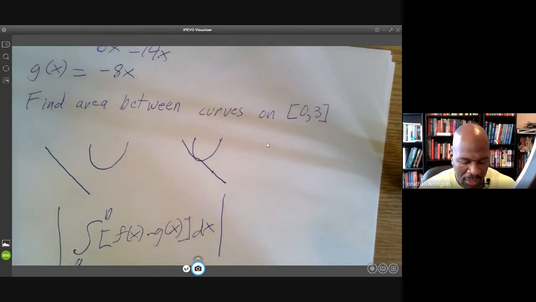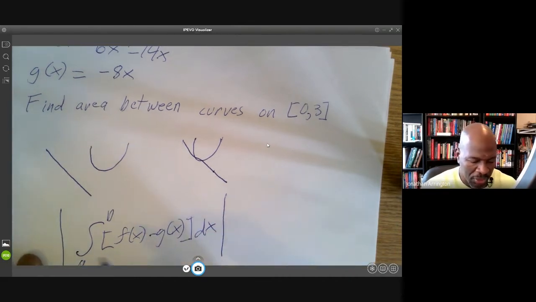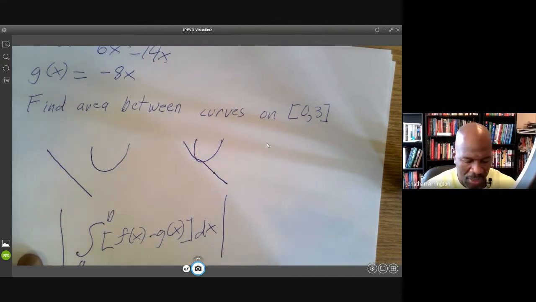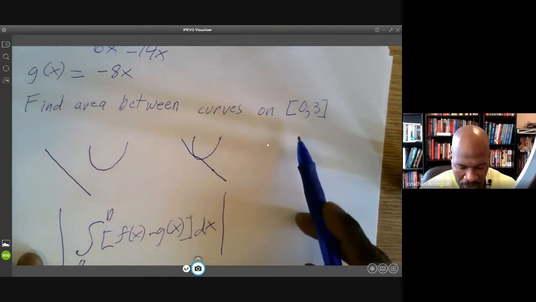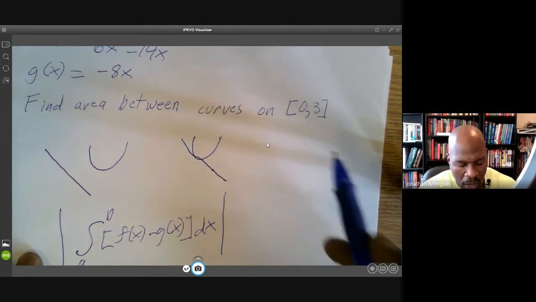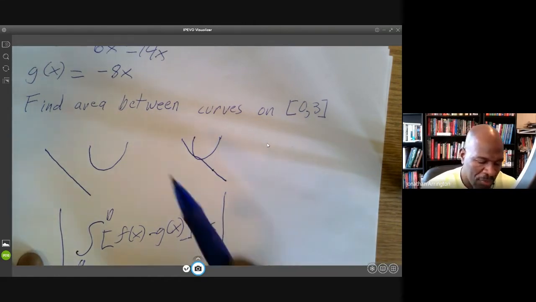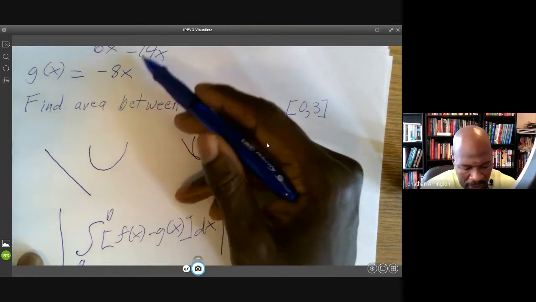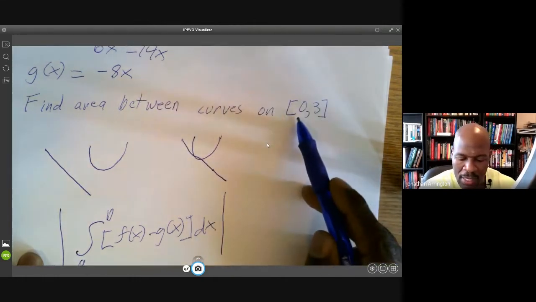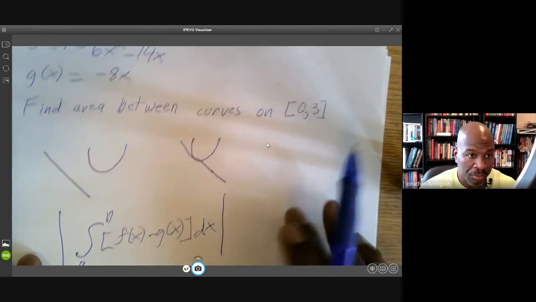Okay, but there's another thing with this situation that's important. It wasn't germane on the first problem, so we didn't even bring it up. But on this problem, when I ask you to find the area between two curves on a particular closed interval, you should always make sure that the functions don't intersect inside of this interval.